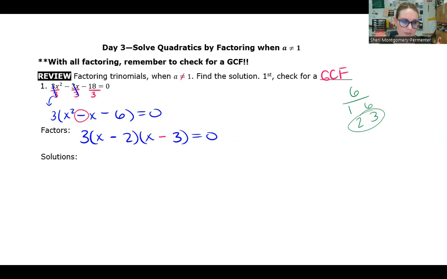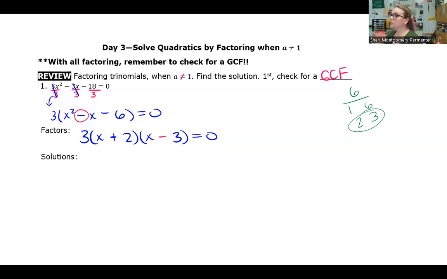Oh, sorry, that one is a plus. And we can double check. 2 times -3 gives us -6, and -3 plus 2 gives us -1. So that works.